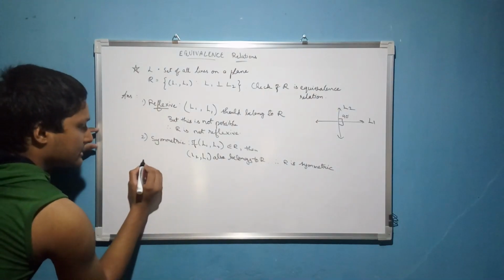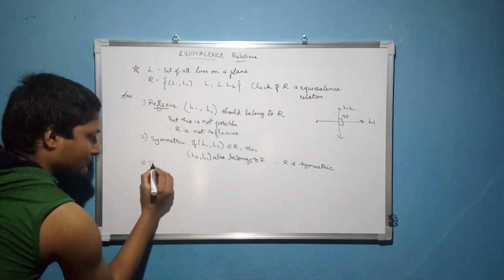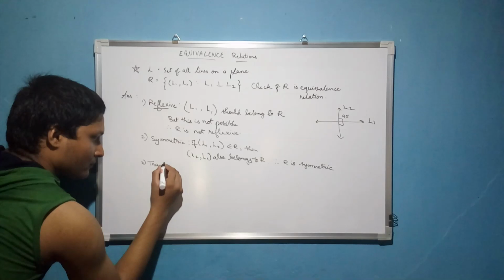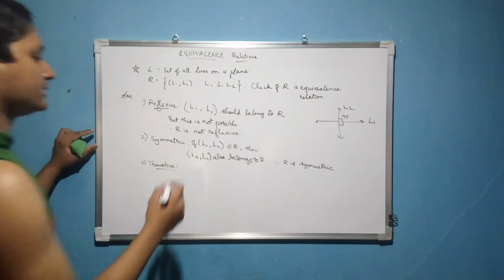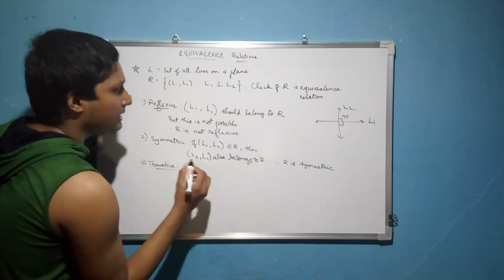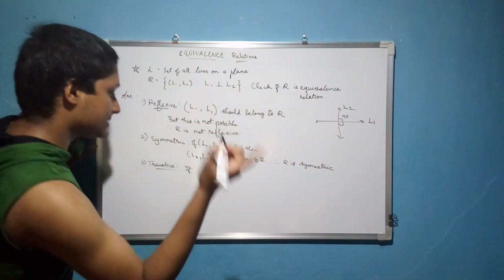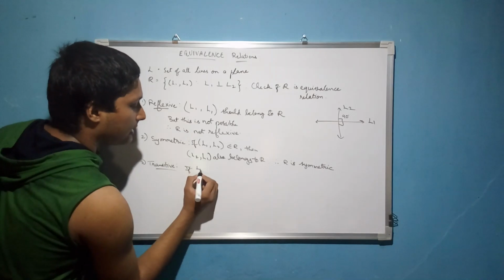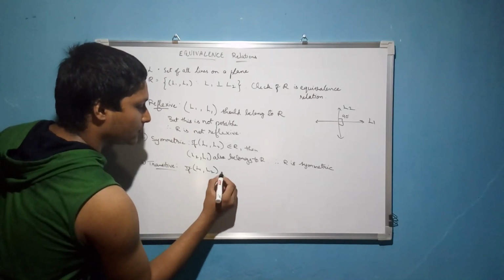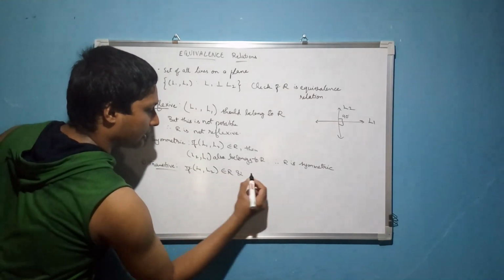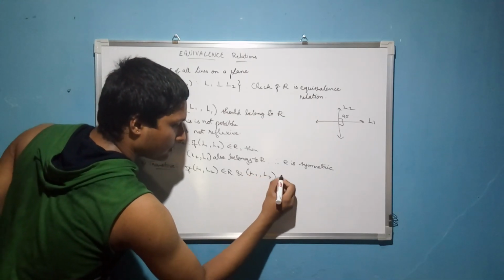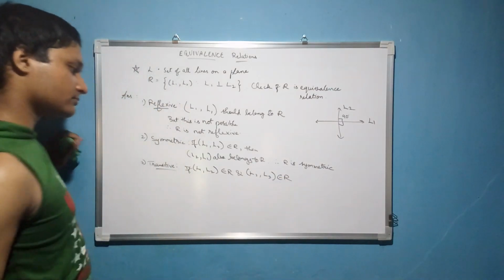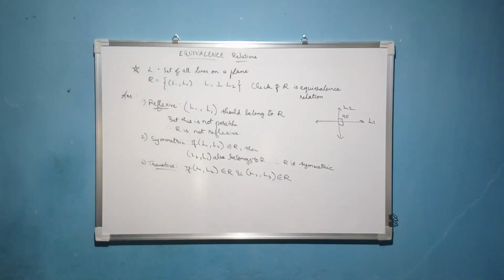The third part is the transitive. How to prove it is transitive? Now we need two pairs, that is (A, B) and (B, C). Here we need (L1, L2) to belong to R and (L2, L3) to belong to R. So we'll check how it can be.